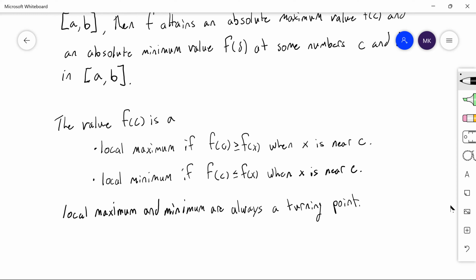If we think back to the graph at the very beginning, all of our local and global maximums in that case were turning points, points at which the graph turned. But if we consider closed intervals of graphs, we can get maxes and mins that are not a turning point. They're just the endpoints of our graph.